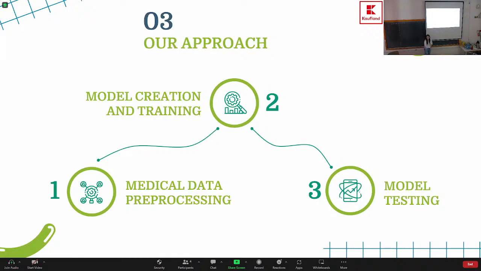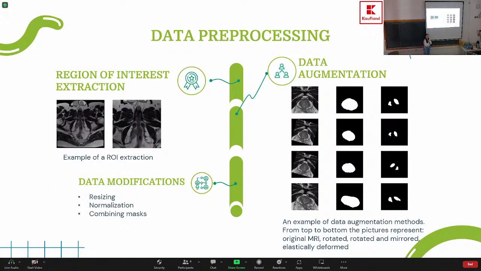Now our approach: first we start with medical data preprocessing, then the model creation and training, and then we test them and see the results. For data preprocessing, we first extract the region of interest, because we want to select only the most interesting part, and then we continue to data augmentation techniques.